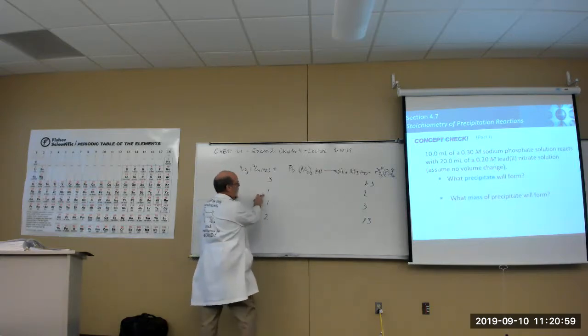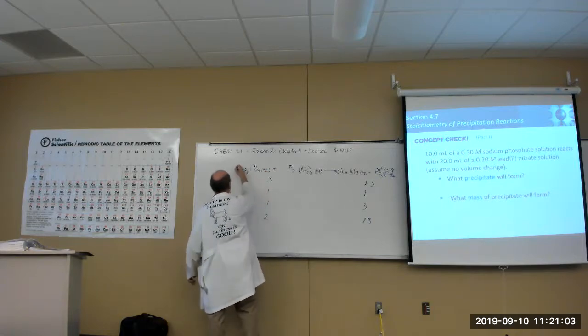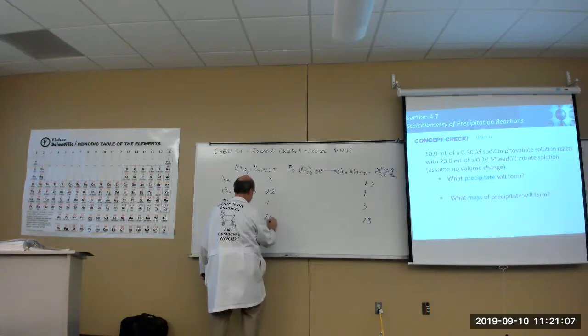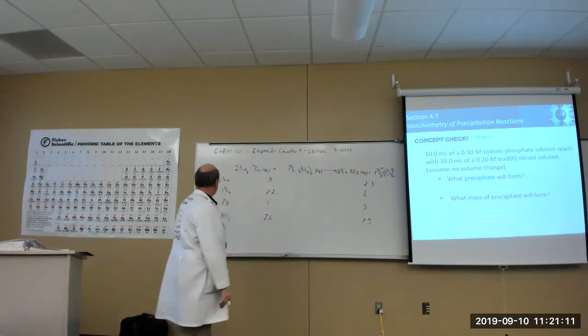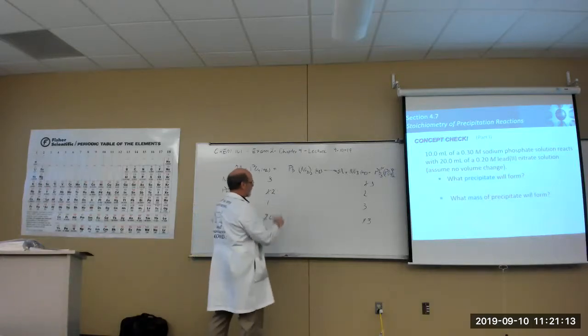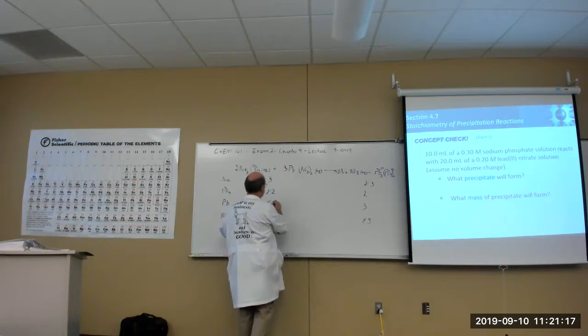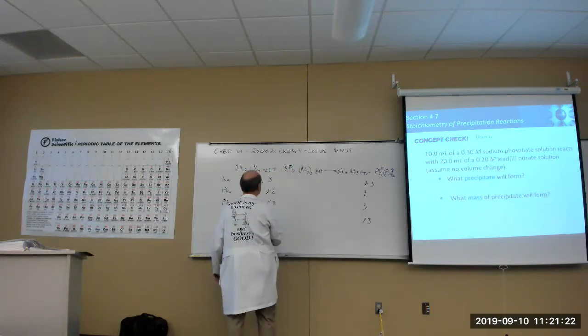We have 1 here and 2 there. So if we have 2 here, that gives us 2 phosphates and 6 nitrates. Okay? Now how about lead? We got 3 leads over there, we need 3 over here. So that's 3 leads, and that's 6 nitrates. 2 phosphates.